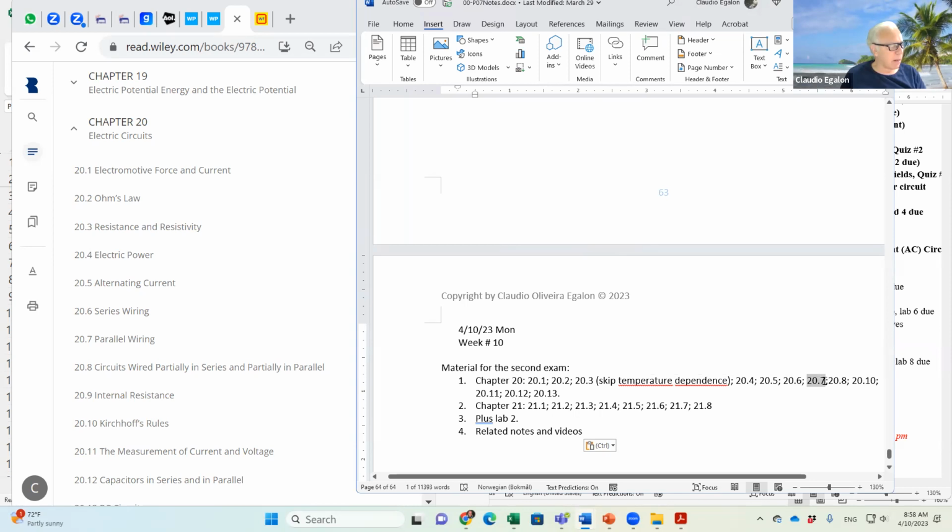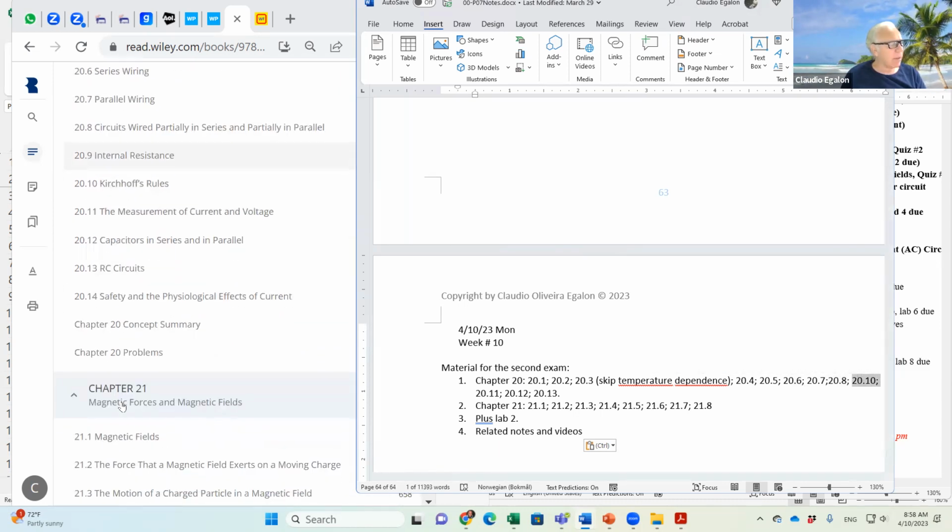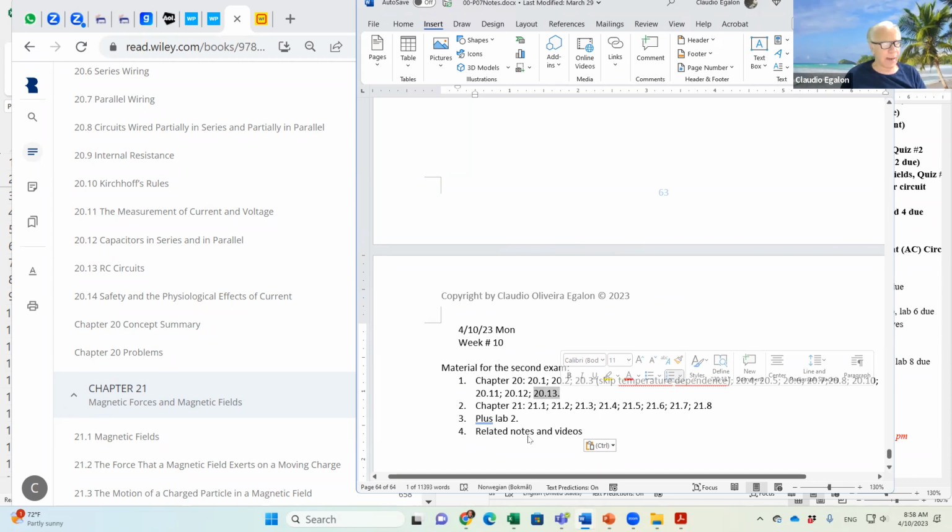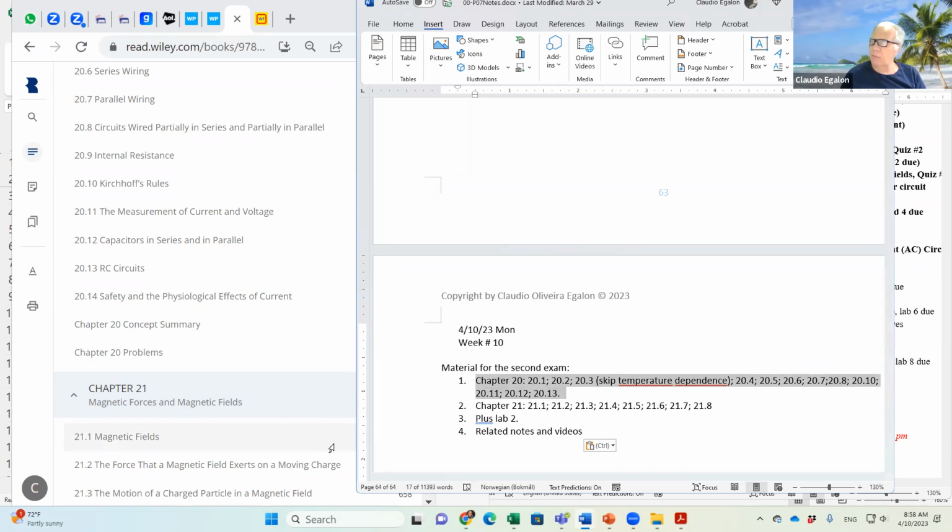Resistors connected in parallel wiring, and then a combination of parallel and series. We're skipping internal resistance. 20.10 is Kirchhoff's law, very important. Kirchhoff rules, measurement of current and voltage. Okay, 20.12 capacitors in series and parallel, and RC circuits. This chapter has lots of material.